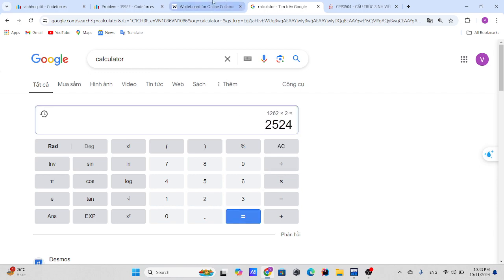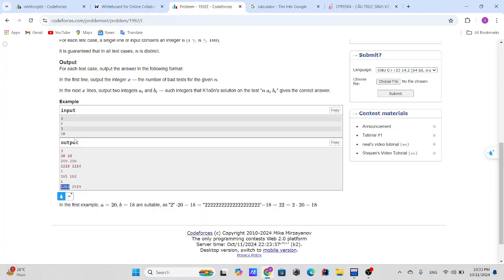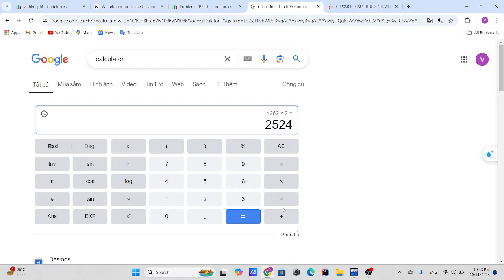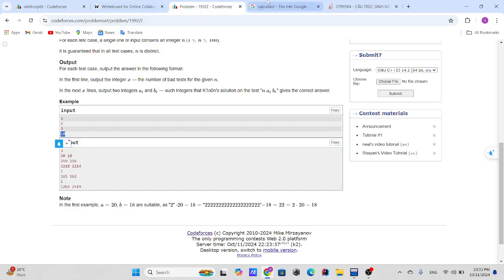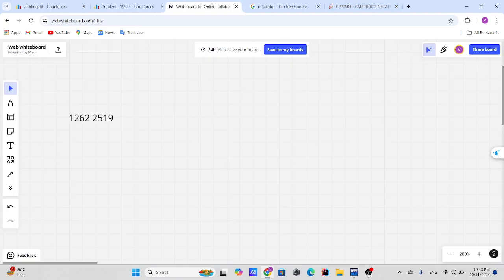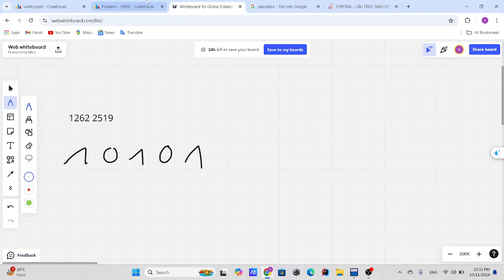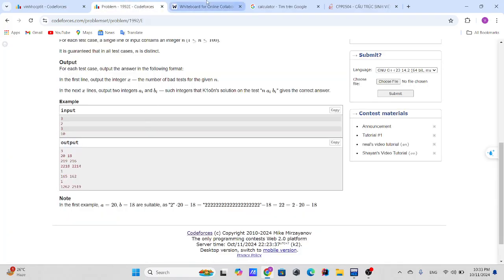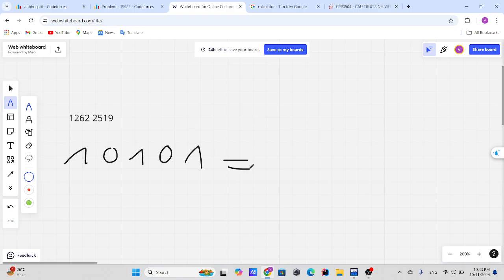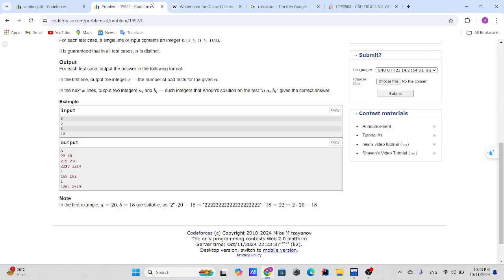Multiply by 2 because we have two numbers for this array. We have 5 numbers left, which will be, I guess, 10, 10, 1, right, like this. And this will be equal to, no idea.